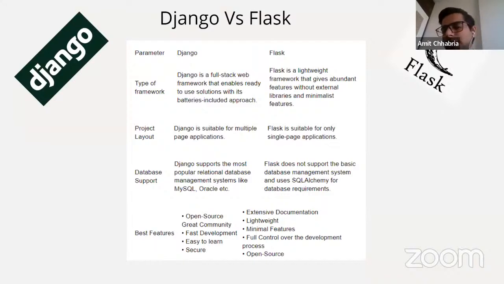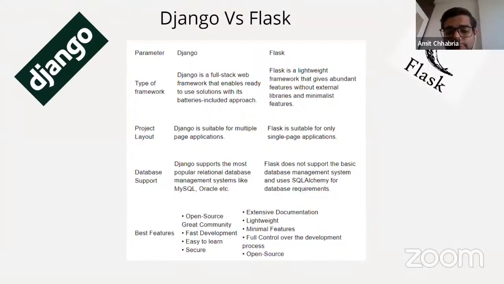Or else there are multiple websites like Stack Overflow to clarify your doubt, and a lot of blogs available on Google. You can get a lot of ideas from there, and it's easier to develop on Django, and easy to learn as well.